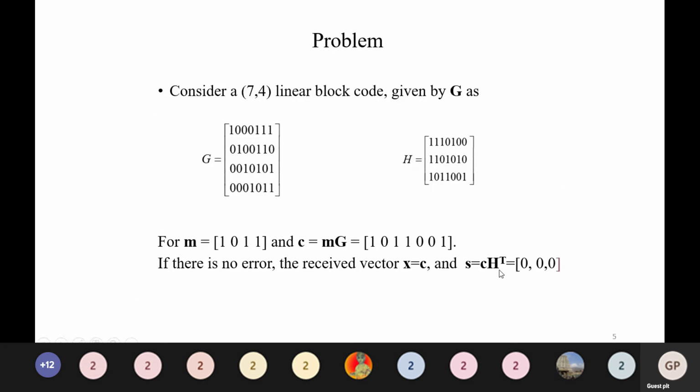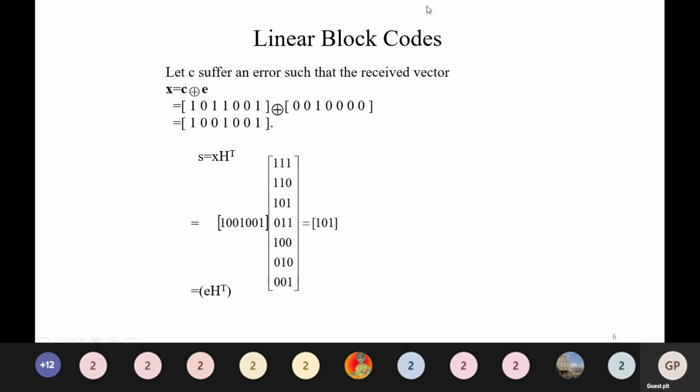So this is C into H transpose. We can calculate what is the syndrome. If you want to proceed further, if the error is found to be in the third bit, you take the corresponding code word and do modulo 2 addition. 1 with 0 is 1, 0 with 0 is 0, 1 with 1 is 0.